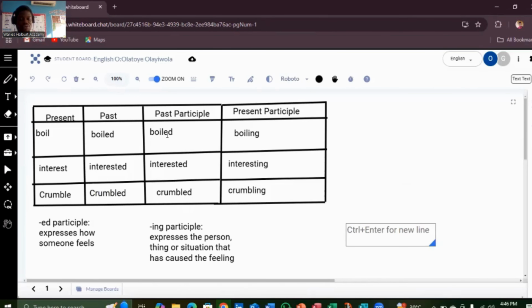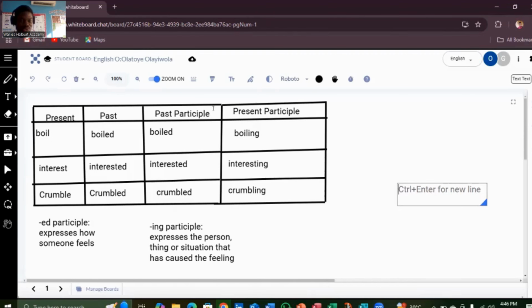Now, when we say participial adjective, our focus will always be on the past participle and the present participle form of the verb. In other words, I can define participial adjective as that form of the verb that performs the function of an adjective.